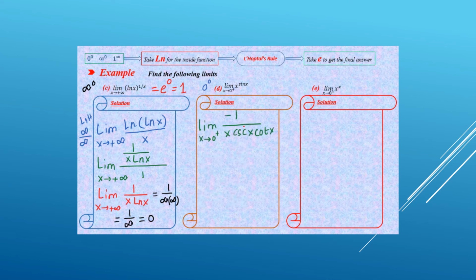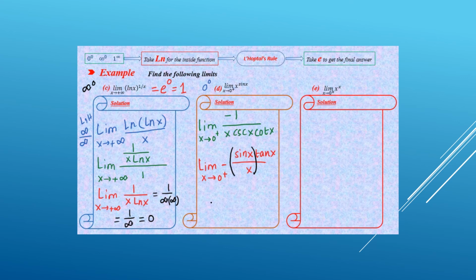Now move cosecant x up, it will be sine x, and move cotangent x up, it will be tan x. So you will have the limit of negative sine x times tan x divided by x when x goes to 0 from the right. And as you know, the limit of sine x over x equals 1.